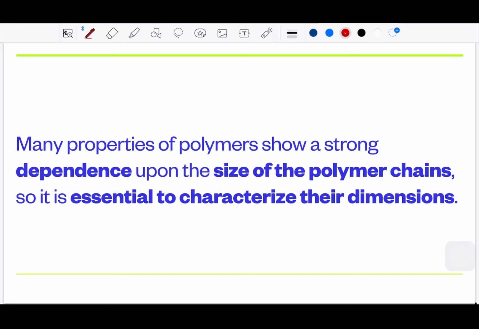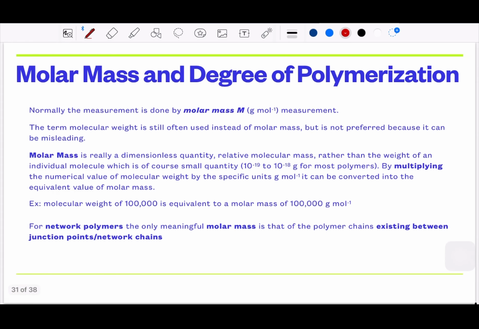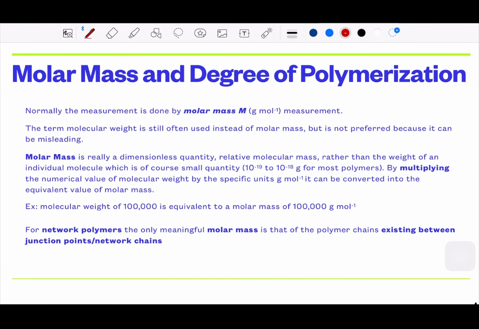The length is really important, and because of that, the first thing we need to characterize is its dimension, right? How big is it, and how many chains are inside? That's why molar mass is important. But to understand the molar mass, well, the measurement is molar mass measurement.